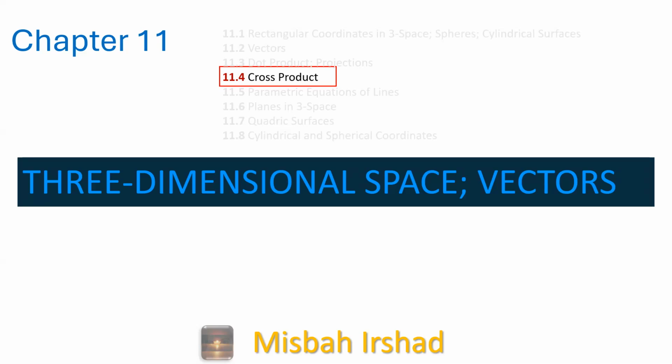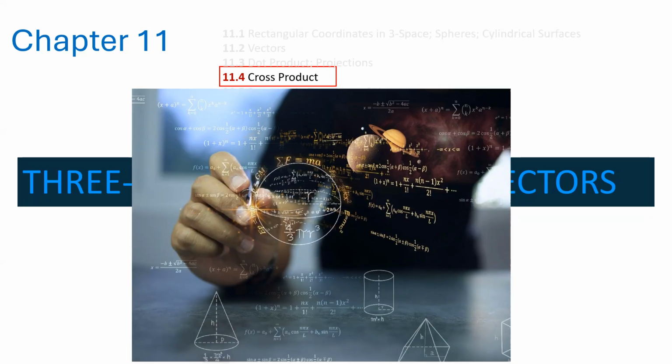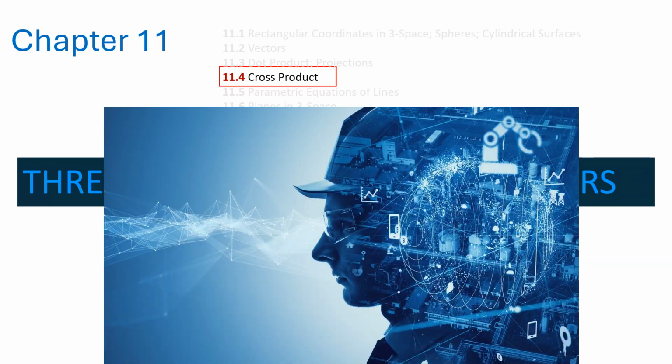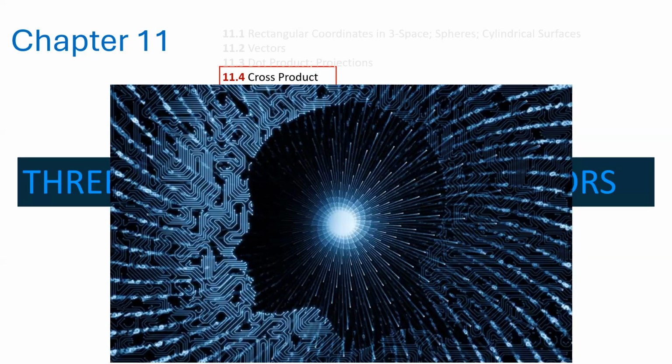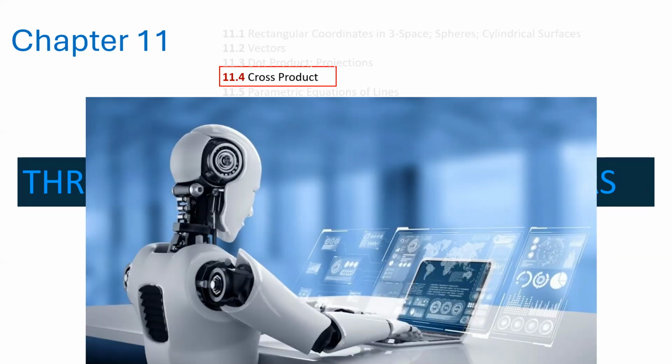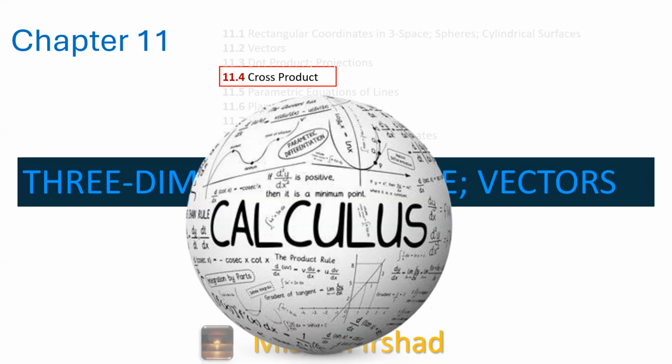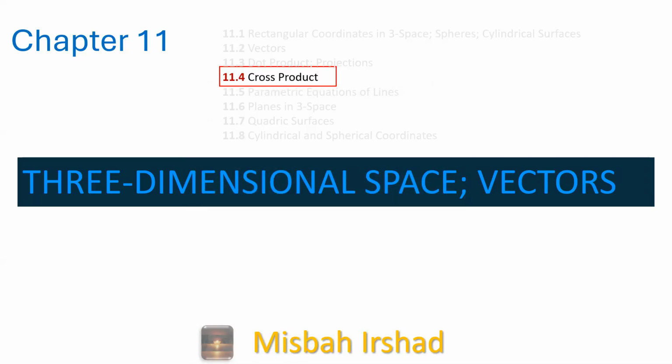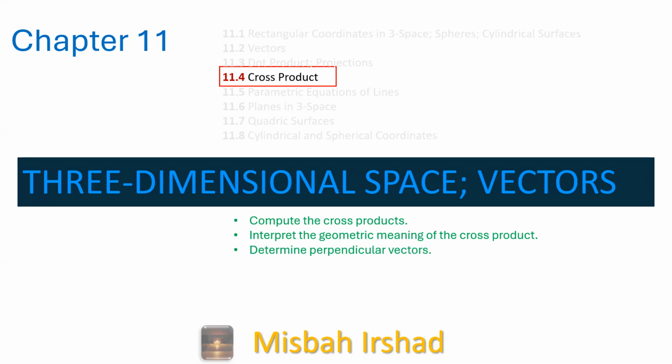The cross product plays a major role in physics, engineering, computer graphics, robotics, and calculus. By the end of this lesson, you'll be able to compute cross products of vectors, understand their geometric meaning, determine perpendicular and parallel vectors, and find areas of parallelograms and triangles.